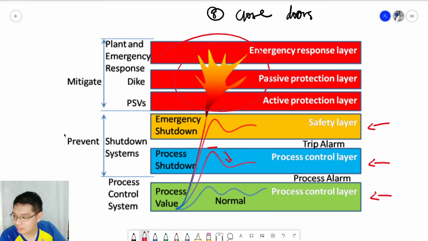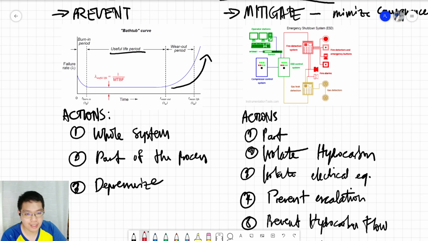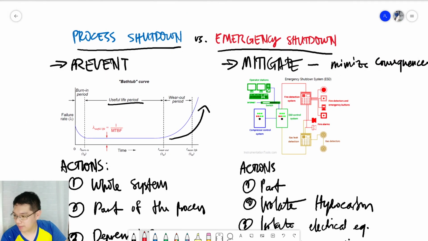So this is to conclude the differences between process and emergency shutdown.